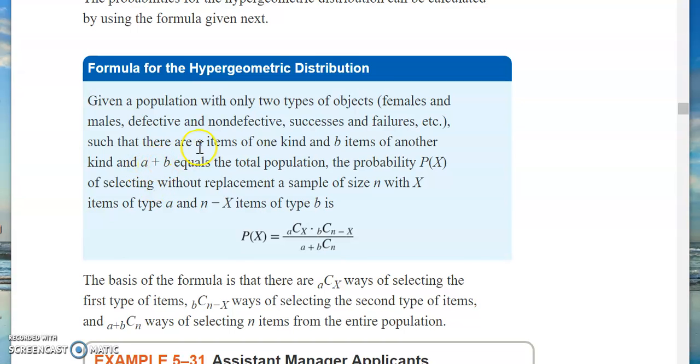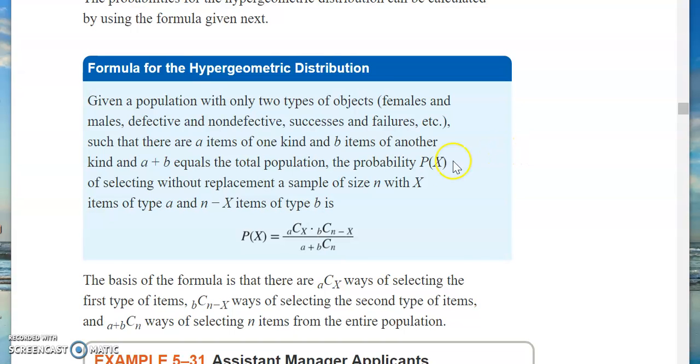A plus B, the 12 plus 13, is the total population. So far that makes sense, I hope. The notation's a little weird, but I hope at least that part makes sense. The first category, there are A of them, say 12. The second category, there are B of them, let's say 13. So add up the 2 categories, A plus B, that's 12 plus 13, and that gives you the grand total.